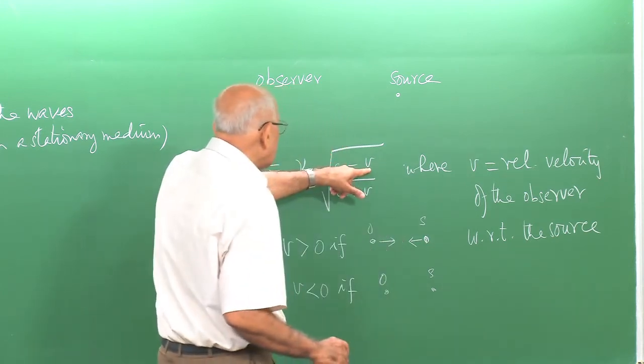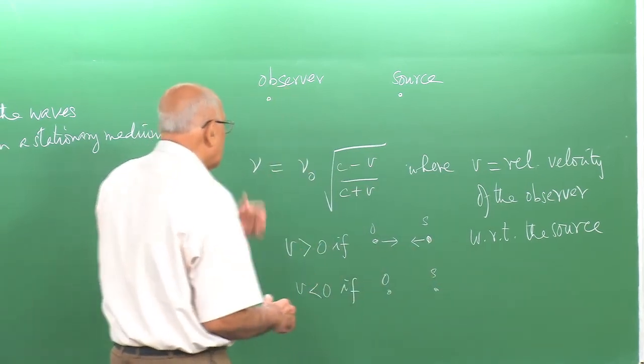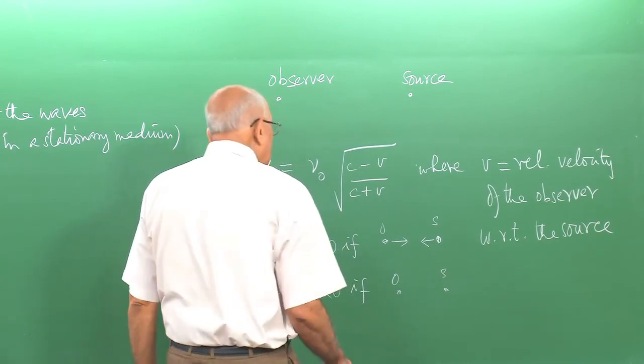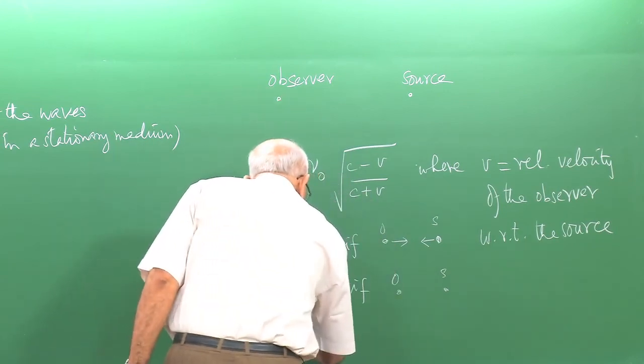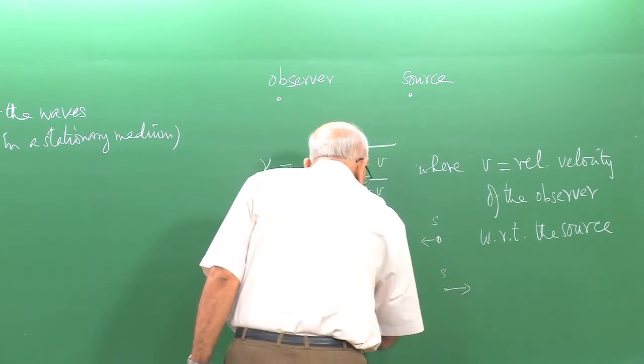When they move towards each other, if v is positive, this is going to give a compression, so the thing decreases, so it is the other way about. v less than 0 if they are moving towards each other, and v is greater than 0 if these are moving away from each other.